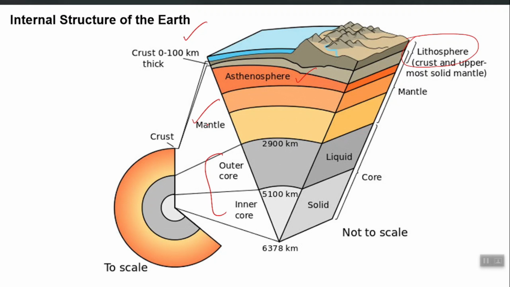All oceans, continents, mountains, everything is on that crust, right. So crust doesn't mean continent. Continents are on crust. Crust is the outermost layer on which you have oceans and lands, right.